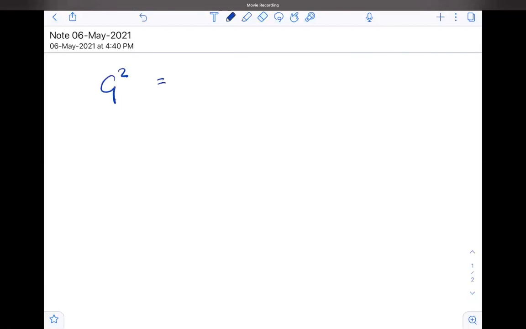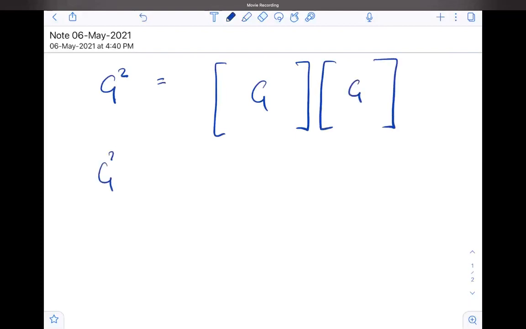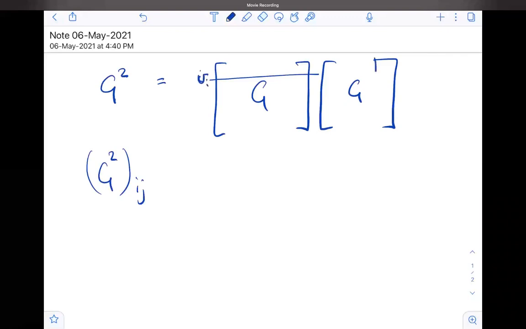What is G square? You have this matrix G and you have another matrix G, right? And what is G square ij? This means that you take the column corresponding to Vi and the column corresponding to Vj, and you multiply them, dot product. So this with this plus this with this, and so on.